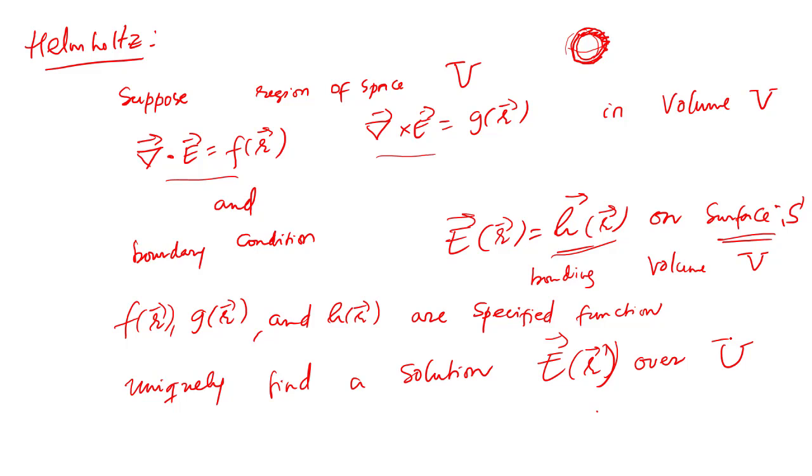Now, to prove this Helmholtz theorem, let's assume that the solution is not unique, but that there are two solutions. So we're going to prove it sort of like a counterexample, or a contradiction.